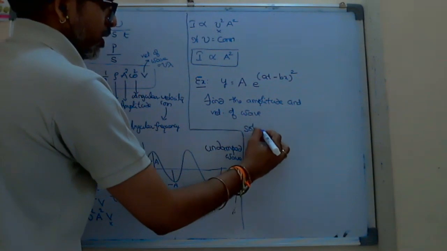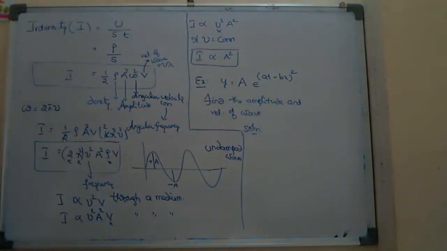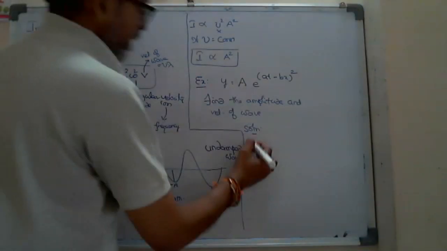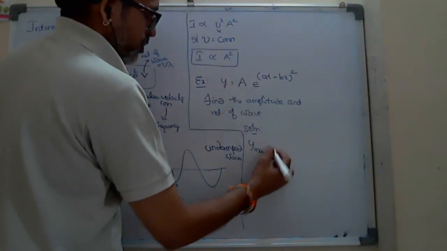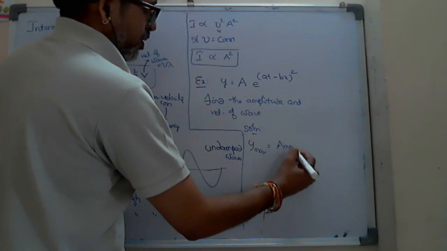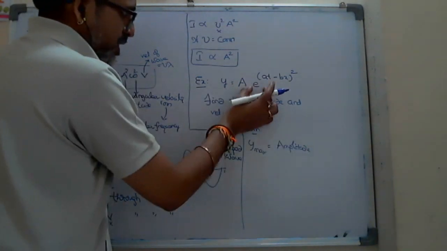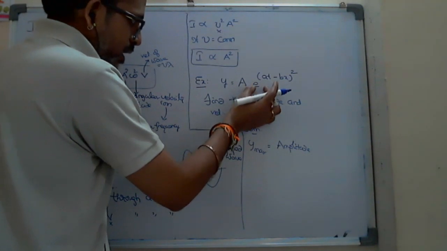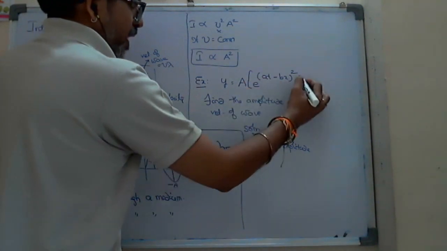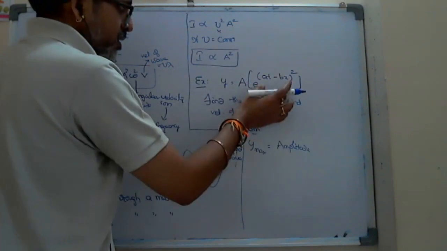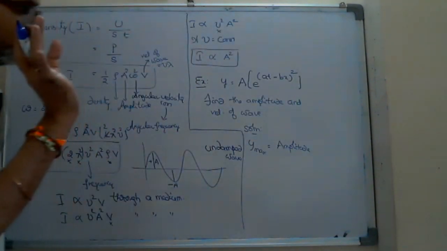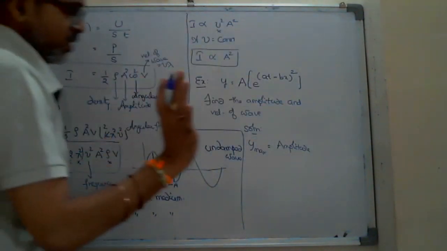Here, y max is the amplitude. This term will be maximum when the exponential term is 1, either plus or minus 1.